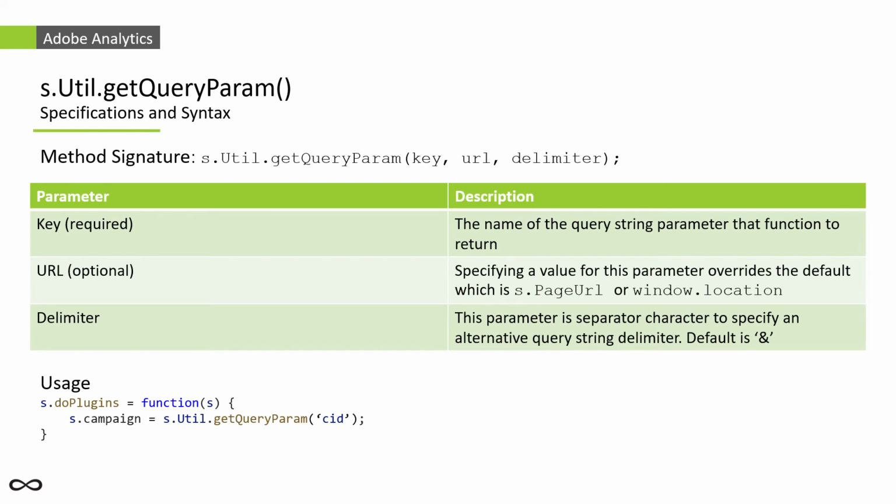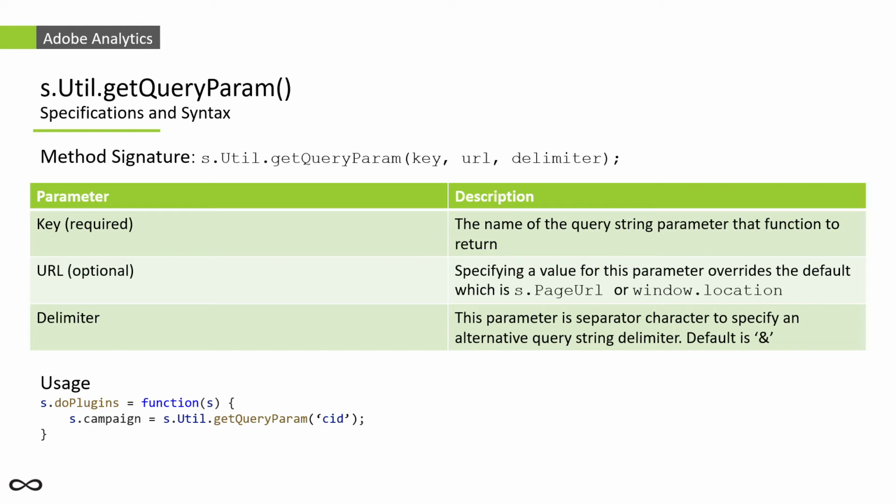Since s is the special one, we have the utility object. It is an object because it further contains various functions and parameters. One of the functions is getQueryParam. What is the method signature of this? We have the key as the first argument, URL as the second, and the delimiter as the third.